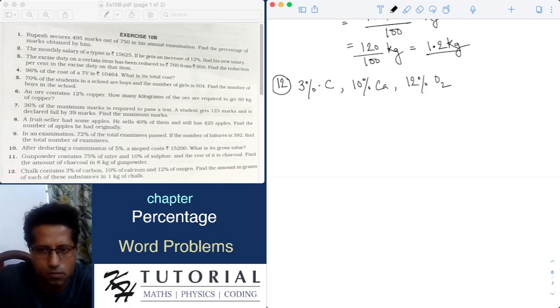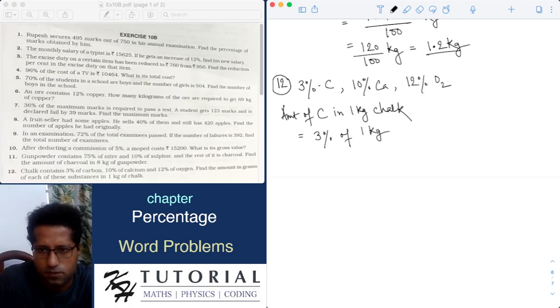Okay. Now, so amount of carbon in 1 kg chalk should be equal to 3% of 1 kg. This equals 3 by 100 of 1 kg.